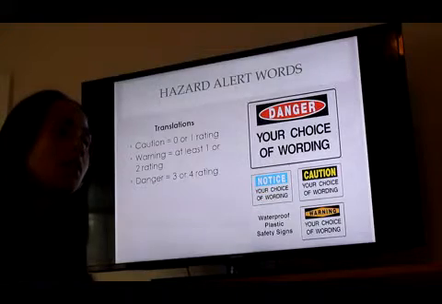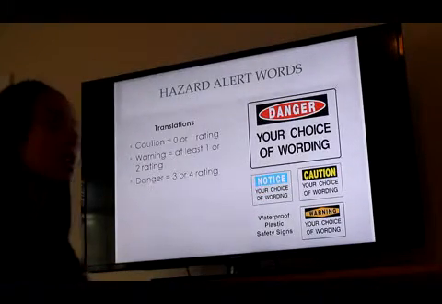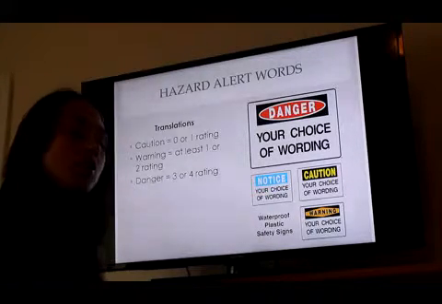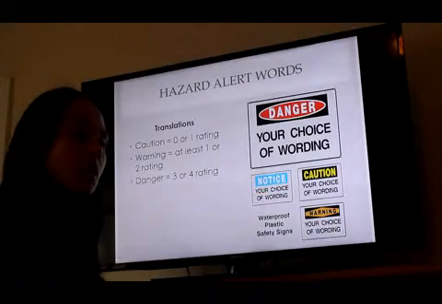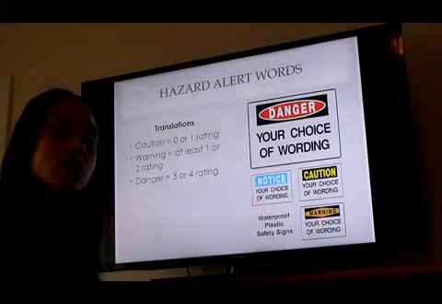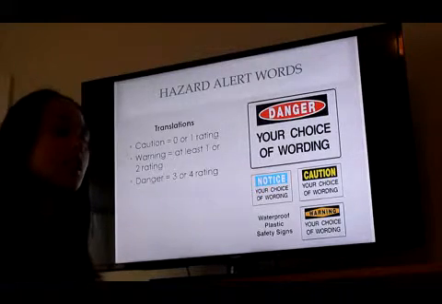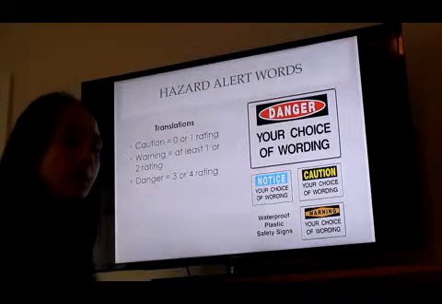I've provided some translations. Caution is equal to a 0 or 1 rating. Warning is equal to at least a 1 or 2 rating. Danger is equal to 2 or 3. Danger is equal to a 3 or 4 rating.